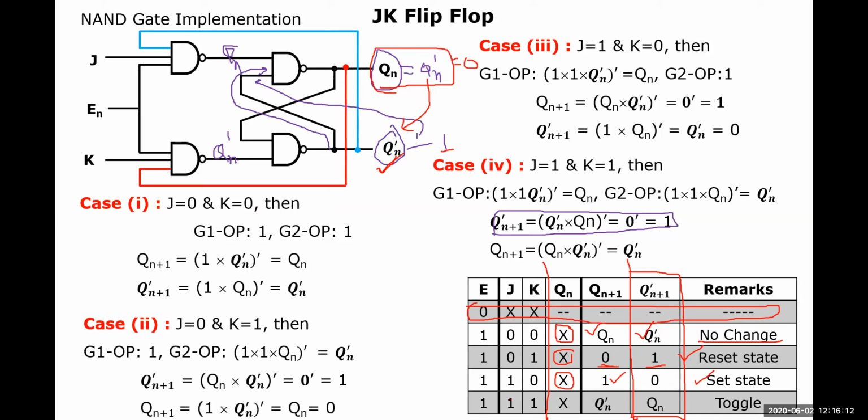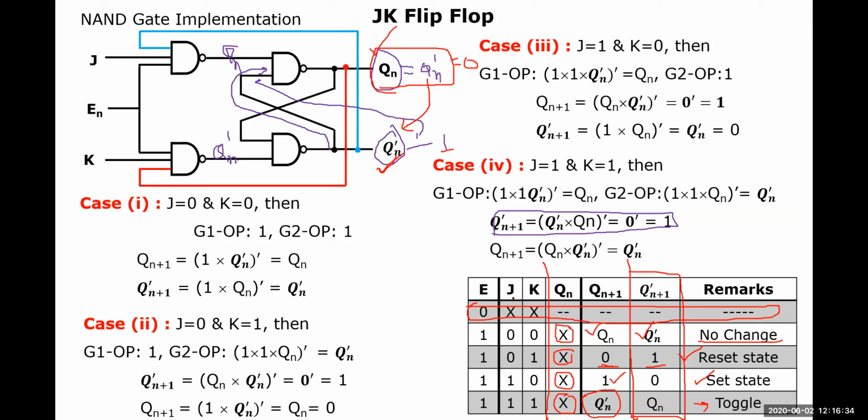And when K equal to 1 and J equal to 1, irrespective of the previous state, it has been toggled. It is considered the complementary form; we are talking only about this one here. Qn will be complemented itself, which is why it is called the toggled form.